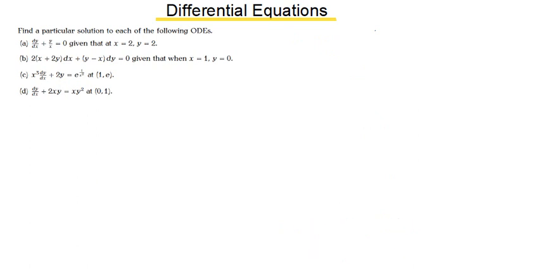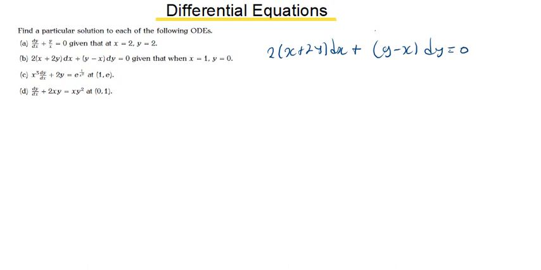The next one is where we have (2x plus 2y) dx plus (y minus x) dy equals 0. And we are told that x is equal to 1 and y is equal to 0, which we want to make use of when we find the particular solution. First of all, find the general solution.